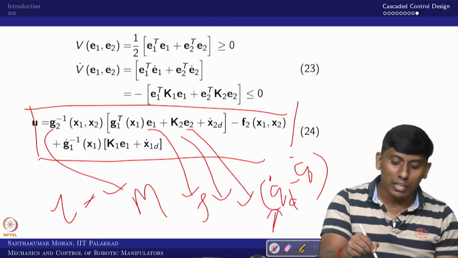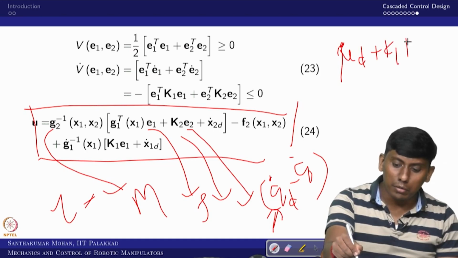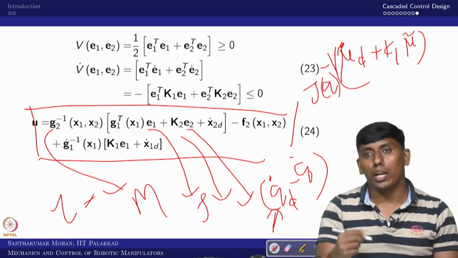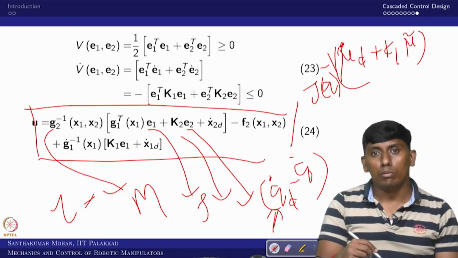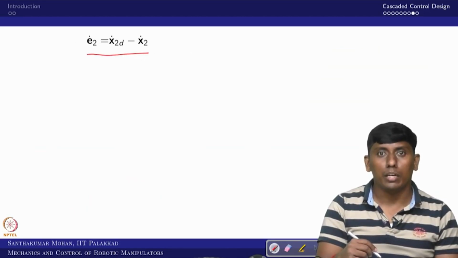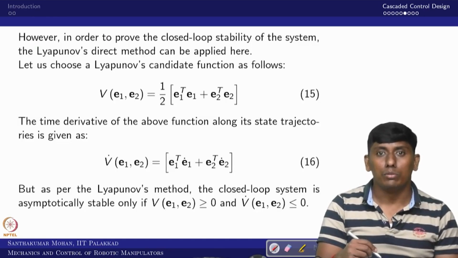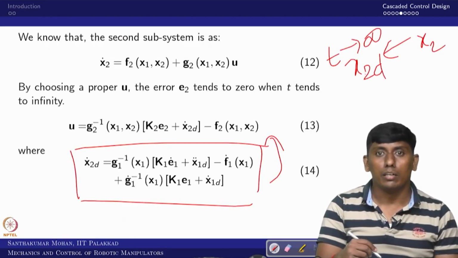So, this Q dot desired we can write as mu dot desired plus K1 mu tilde multiplied with J of Q inverse, and like that you can keep going. For example, I just wanted to show that, where you can say what is x1, what is x2, these we can all get here.